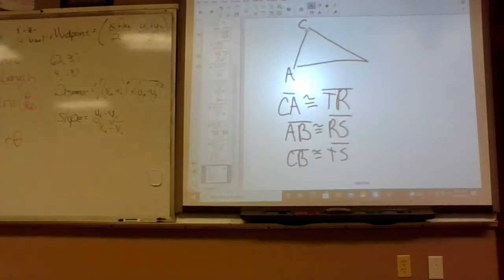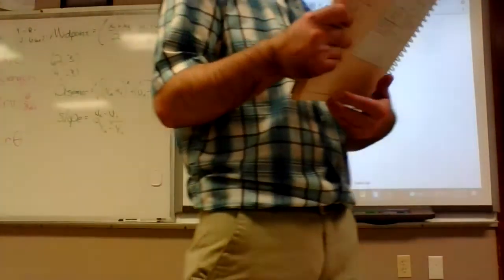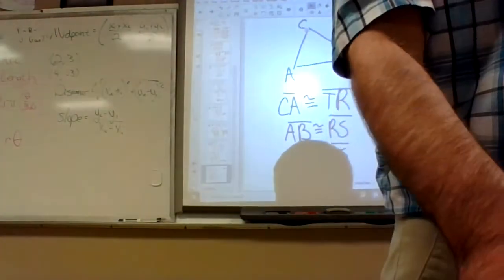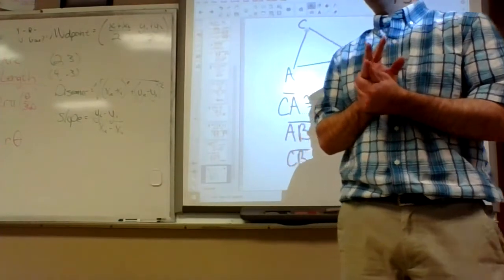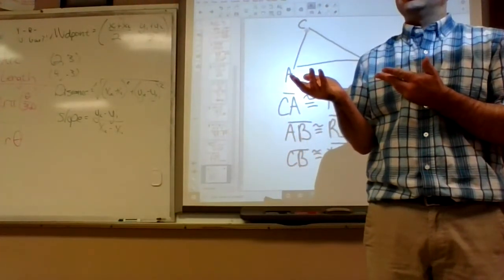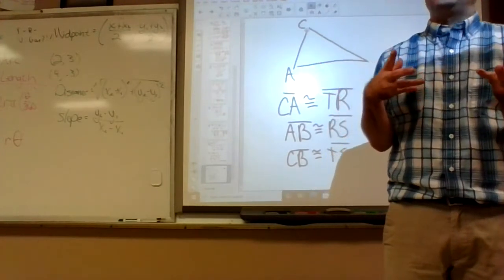Number 9, how many congruent statements are required to show that triangles are congruent using definition of congruent triangles? 3. No. 3 is using like side angle side, that's a theorem. But using definition of congruent triangles, how many things did we have to prove were congruent? It's all 6.